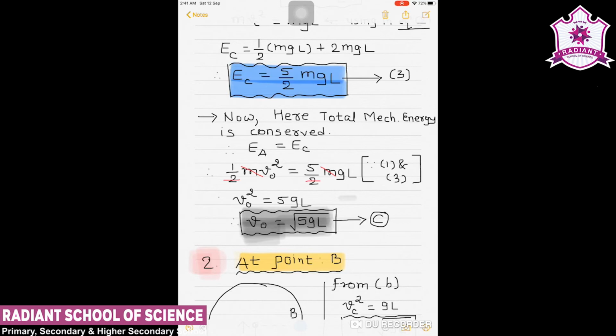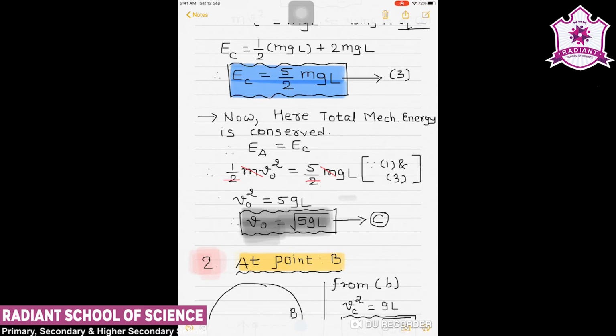In a similar manner, in equation 3 we have derived that EC equals 5/2 mgL. Now replacing these values in the equation, we get v0 square equals 5gL after the cancellation of common terms.